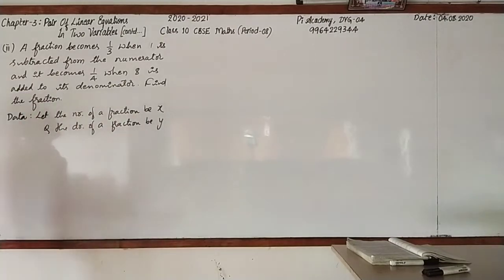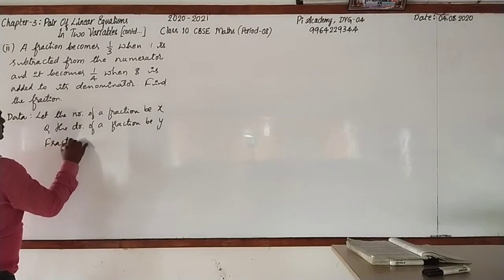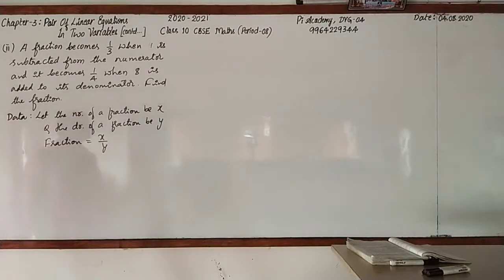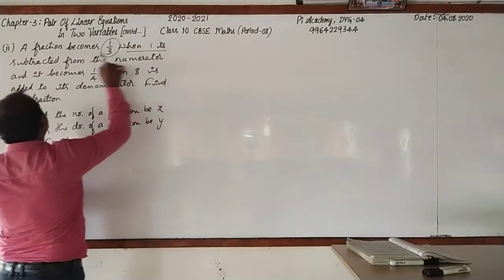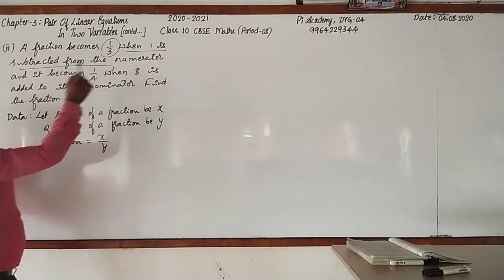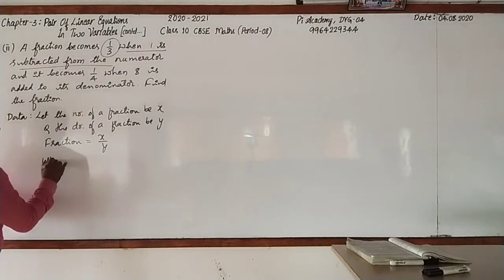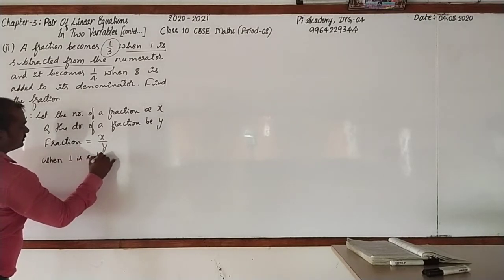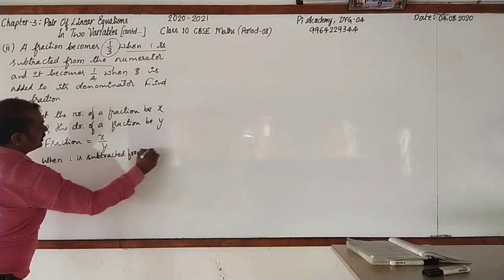Then what will be the fraction? It will be x by y. So fraction is equal to x by y. Okay. Now let's go for using the statement. A fraction becomes 1 by 3 when 1 is subtracted from the numerator. Here I'll write, when 1 is subtracted from numerator.